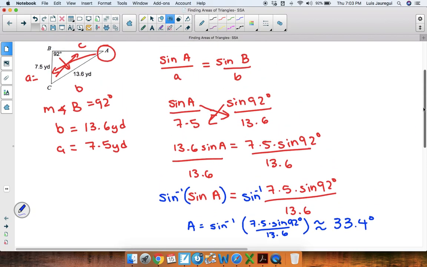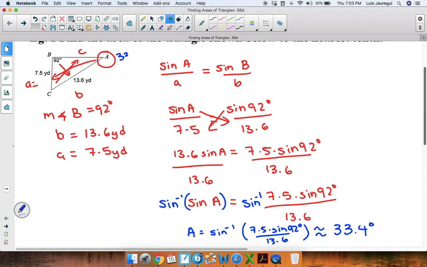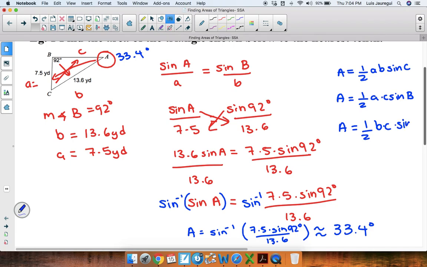So let's go ahead and write that information on our diagram. Now, in this case, we can either use this formula, area is equal to 1/2 times a times b times sine of C, or any of the equivalent forms, which could be area equals 1/2 times a times c times sine of B, or area equals 1/2 times b times c times sine of A. Let's see if we have enough information for any of these to be used.